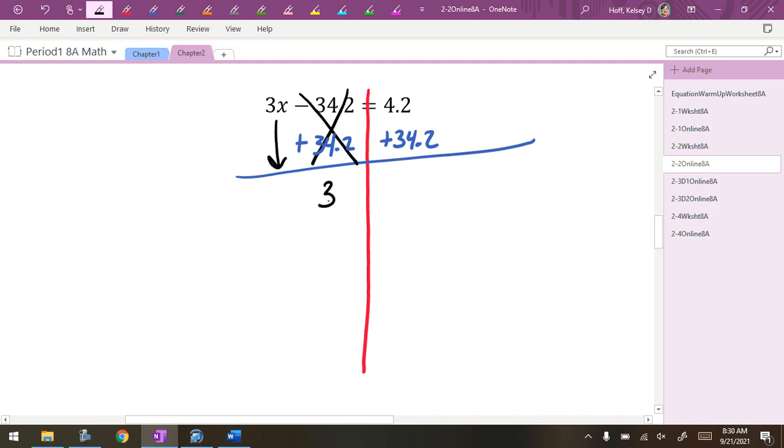I drag down 3x. Everybody right now, nobody shout an answer yet. 4.2 plus 34.2 gives you 38.4.